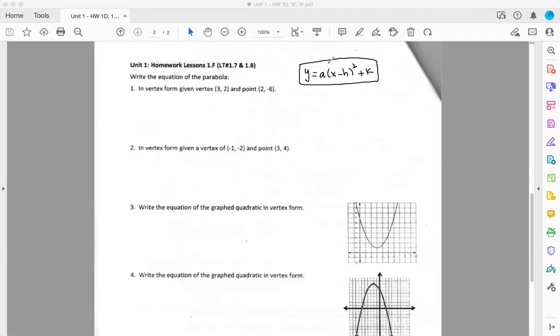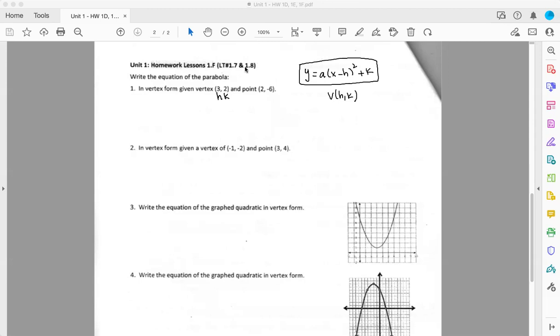It will not be given to you. You're expected to have memorized it. So make sure you memorize it correctly. Remember, a is the factor. If it's positive, it opens up. If it's negative, it opens down, etc. H and k, the vertex is h comma k. Also information that you need to know for the test. So here, they're giving you the vertex. So automatically, they're giving you h comma k in this formula.